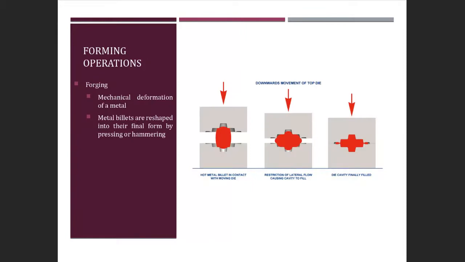Some of these processes for forming operations, so you have forging. Essentially that's the mechanical deformation of a metal. You do have open and closed forge setups. What's illustrated here is a closed forging. If it was an open forge, you're forming the material between two plates instead of a design like this.